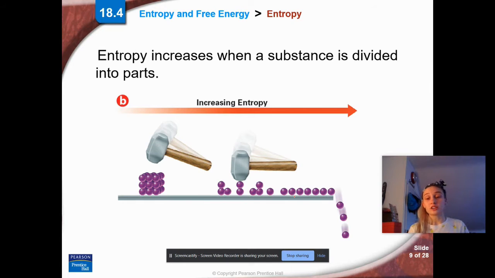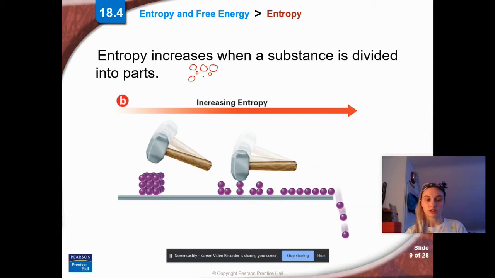You can also increase the entropy by breaking a substance down into its parts. A good example of this is if you were to take some salt and dissolve it in water. What do we know about when something's dissolved in water? Think about it like this. If you have your solid salt, it's going to be a really bad drawing, I'm so sorry.